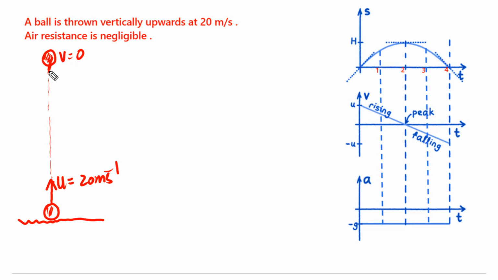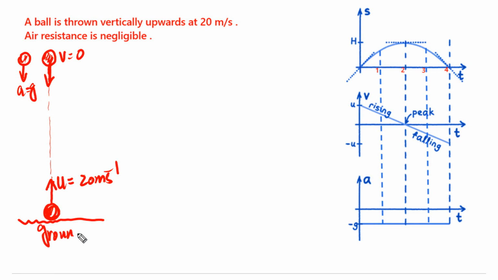At this point, velocity will be 0 and then the ball will start accelerating downwards. Its speed will start increasing, but its acceleration at this point is also equal to g because the force of gravity is still the same. So it will start speeding up downwards and come back to the same point.